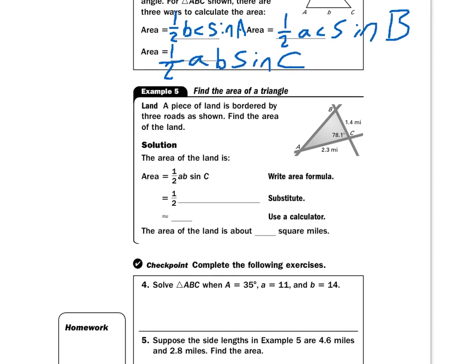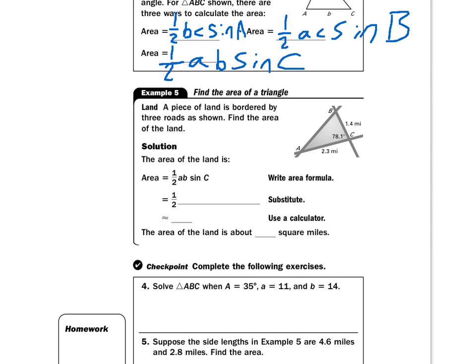So if I take those formulas and I apply them to find the area of this triangle I have here, a piece of land. This is the only real-world example we've seen so far.